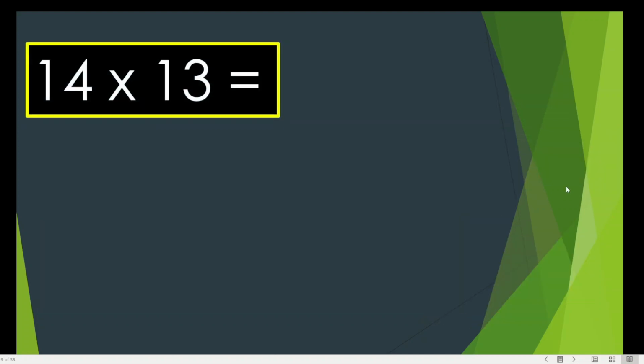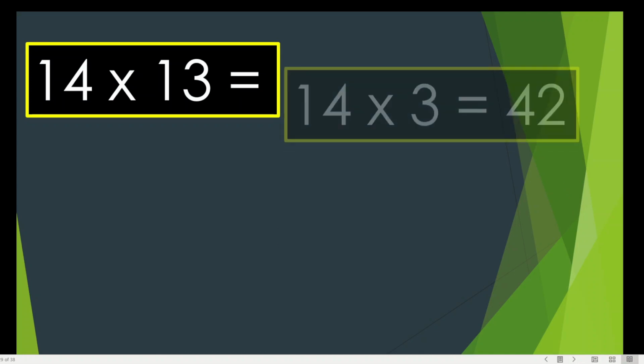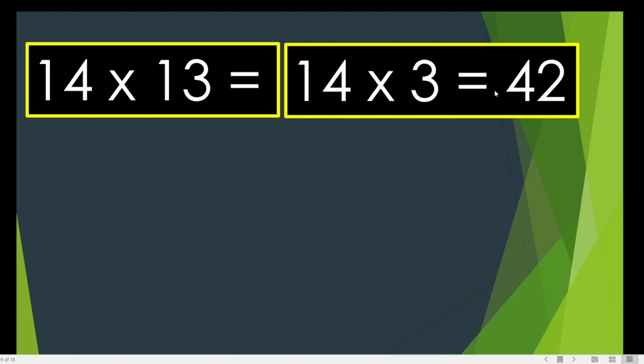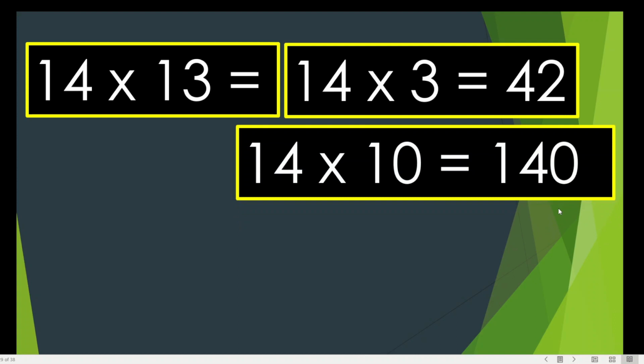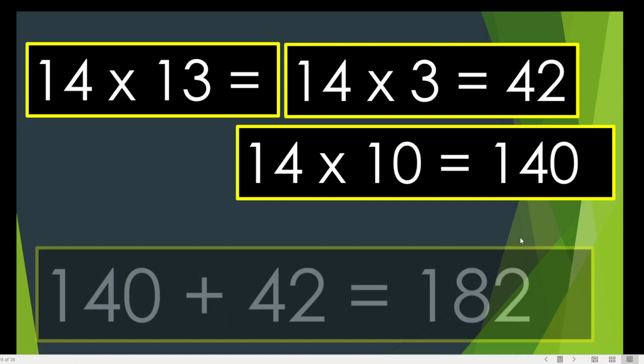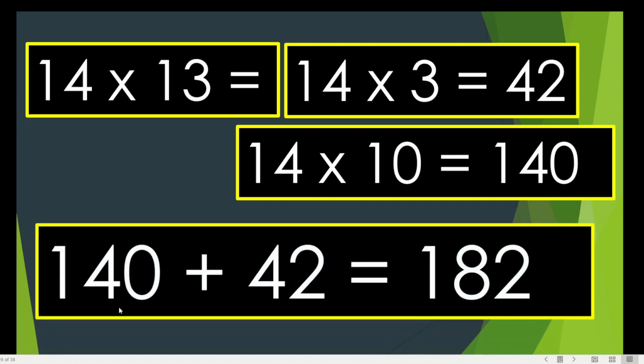Alright, next is 14 times 13. 14 times 3 equals 42. That's our first partial product. 14 times 10 equals 140 as our second partial product. And then add together the partial products, 140 plus 42 equals 182. Very good, guys.